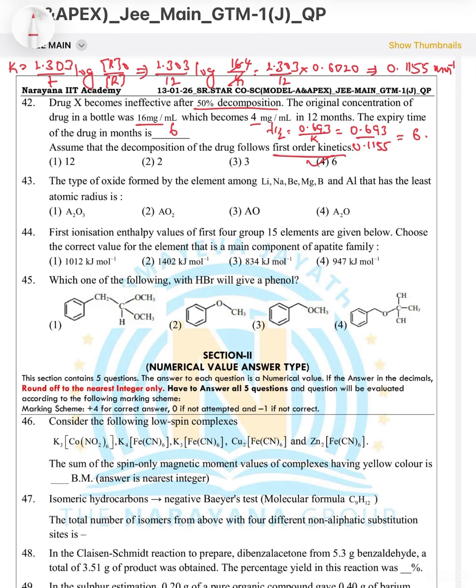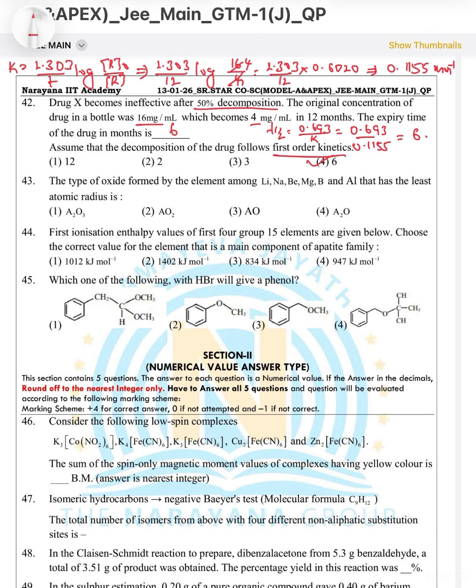The type of oxide formed by the element among lithium, sodium, beryllium, magnesium, boron and aluminium that has the least atomic radius is. Least atomic radius means left to right in a period atomic number increases but atomic radius decreases. If you see here, two periods are present, second and third period, right?